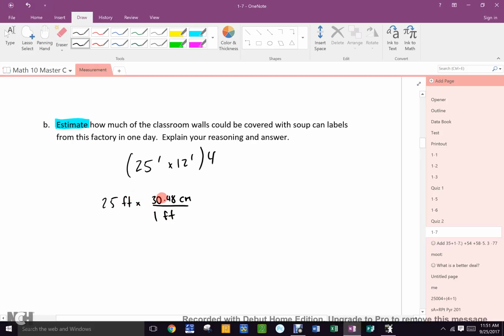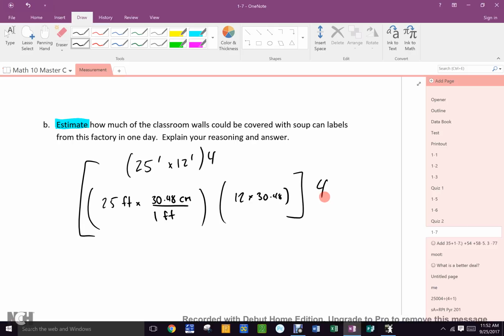So it was 25 times that, and then 12 times 30.48, and then all of that times 4, you would have had the walls, right? Everybody cool? And then whatever that answer was, you would have divided it by your answer in A, and that would have gotten you the number.